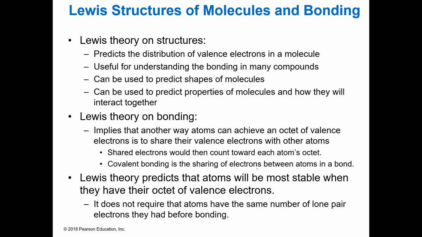Okay, so now we're going to look at putting our structures together. And we're going to follow the Lewis theory. This has to do with valence electrons. And when we put our molecules together, the first thing we're going to do is count our valence electrons for each atom.